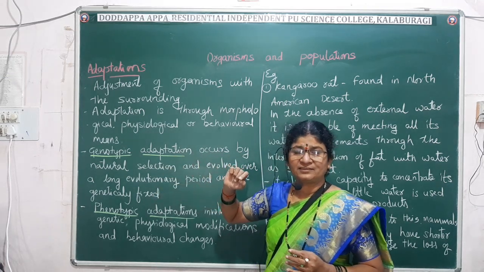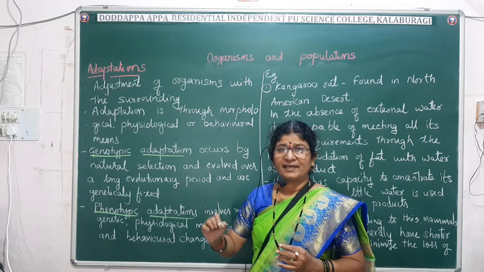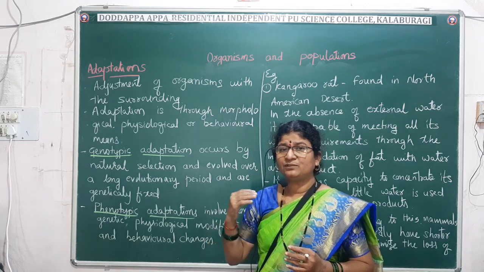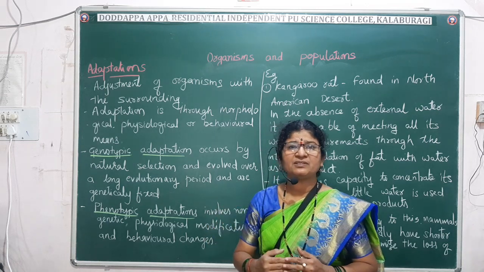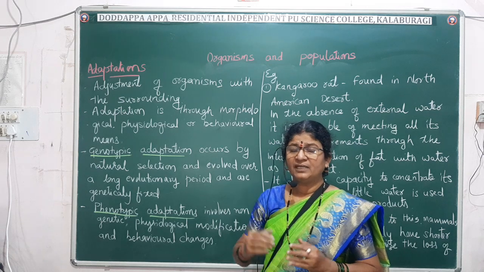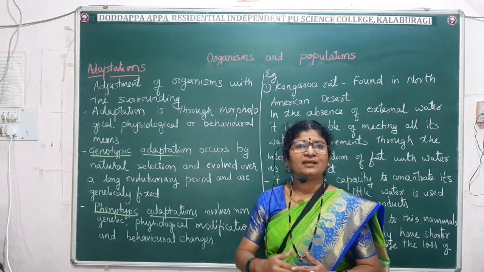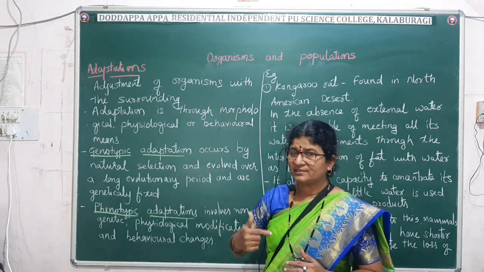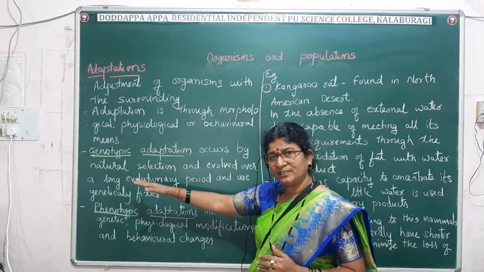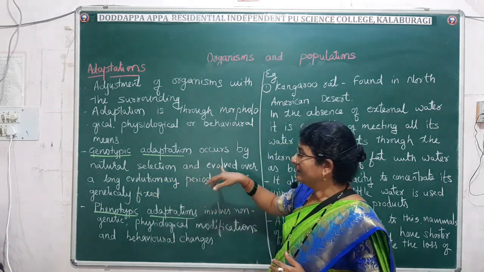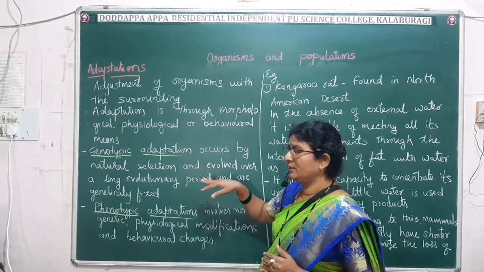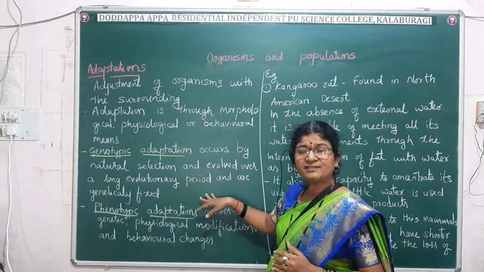Nature will select the good characters, those characters which favor the organism to survive in the existing environment and help in reproduction. Such characters are selected by nature, and these evolve over a long period of evolutionary changes.